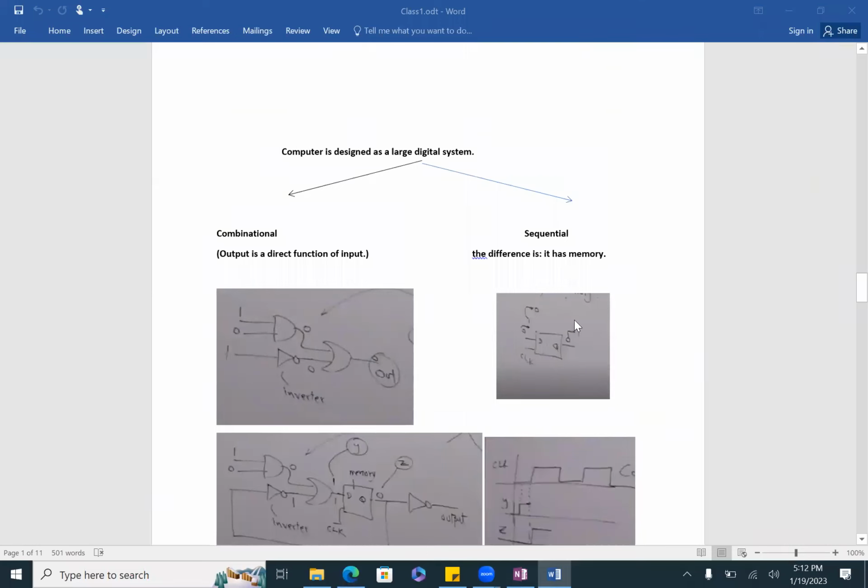Why we say it's a large digital circuit? Because we know we'll use combinational circuit and sequential circuit. And we went over how to do a design for combinational circuit by using which method? K-map came out, correct?